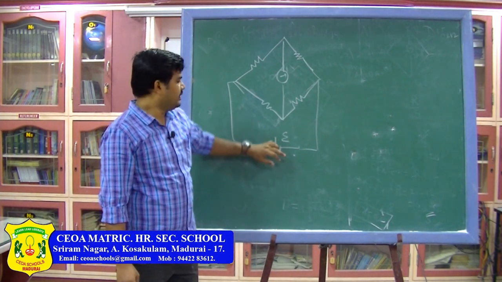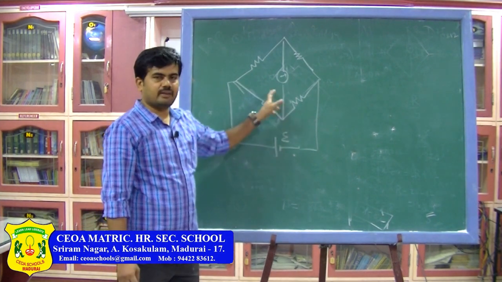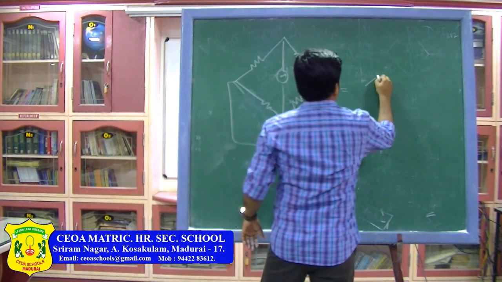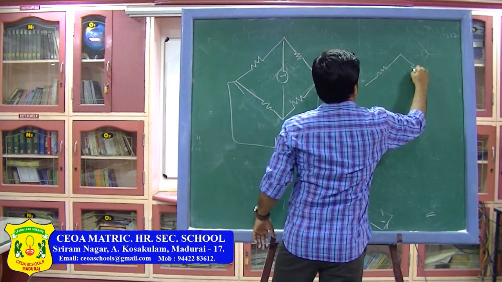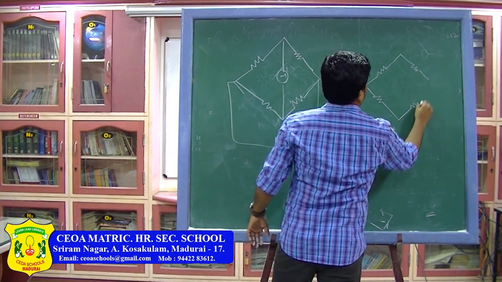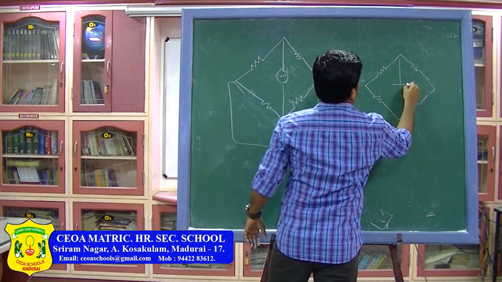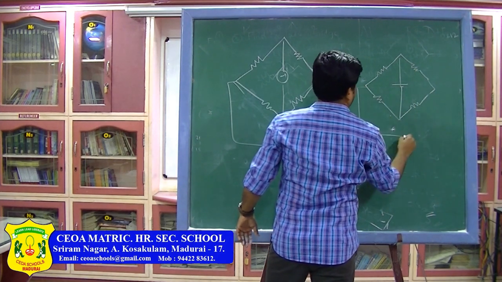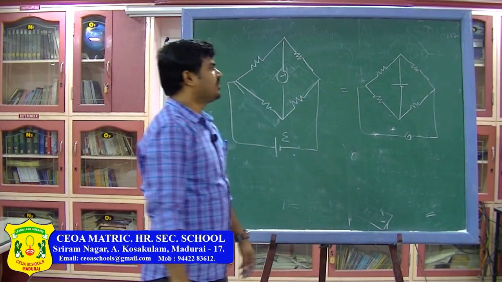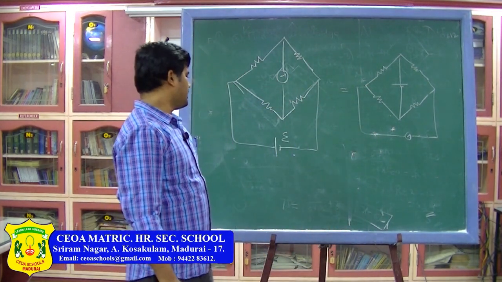So, that is why you can interchange the positions of battery and galvanometer. You can also draw the bridge like this by interchanging the galvanometer position and the battery position. This is another way of drawing a Wheatstone bridge network.